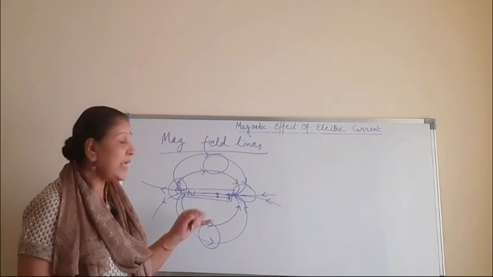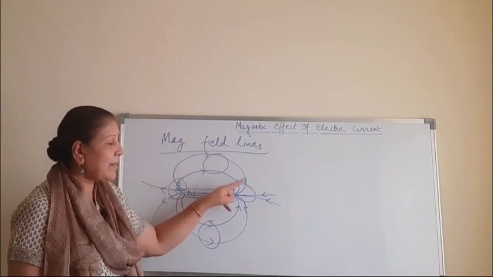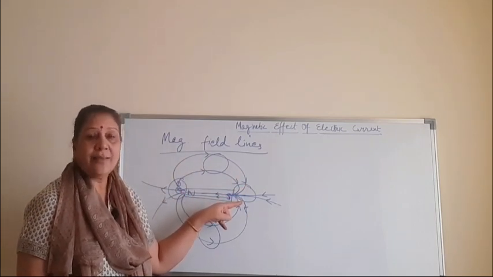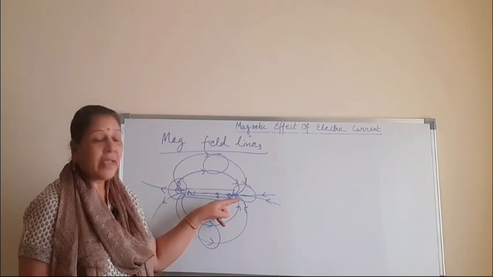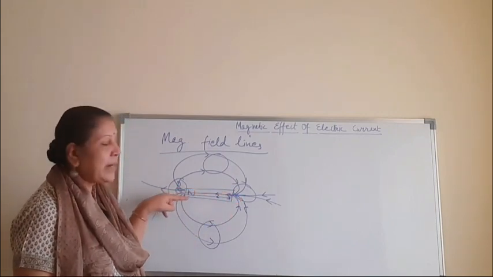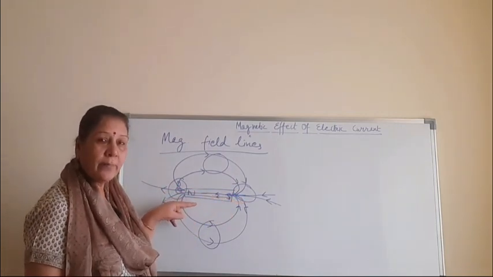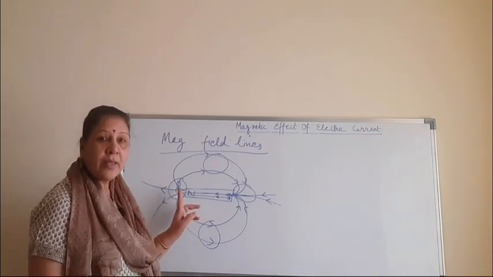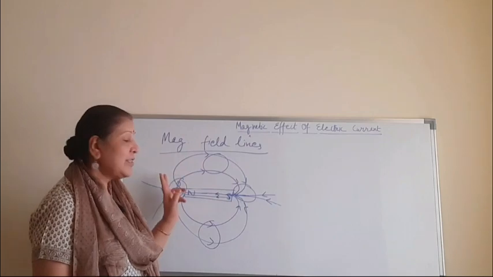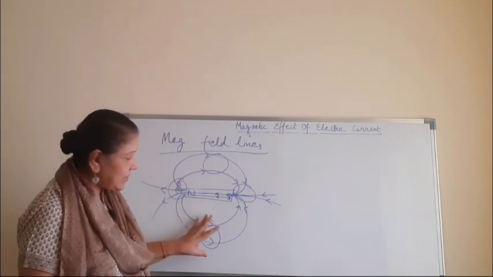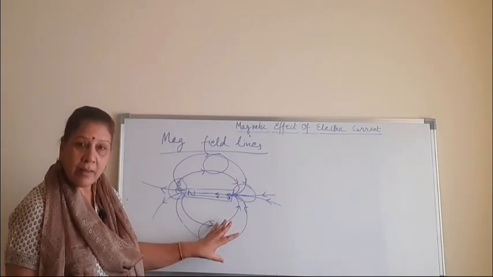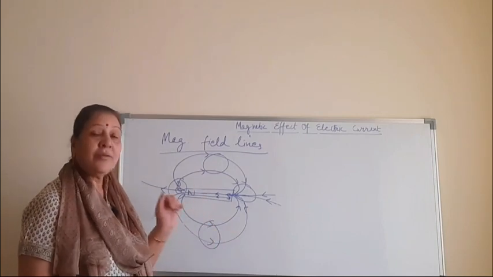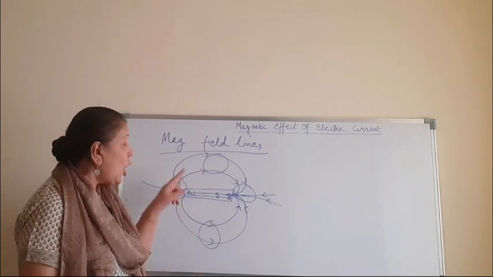First property, it starts from north and merges at south outside the bar magnet. Second, inside the bar magnet it is from south to north. Third, wherever the lines are crowded, especially near the poles, the strength is more. As the distance between the lines is wider, the strength will be less.